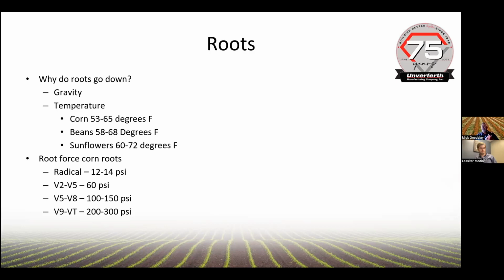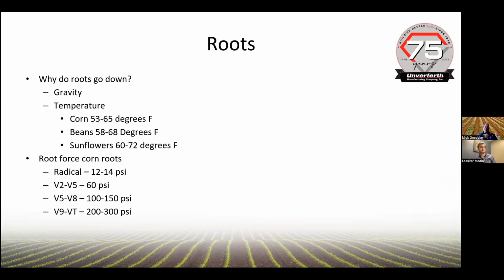By the time we get to V9 to VT, we have 200 to 300 pounds per square inch of push power. Think about the resistance out there. If you've ever used a penetrometer, you can get over 300 psi. I've seen 500 to 700 and almost broke my penetrometer and quit.